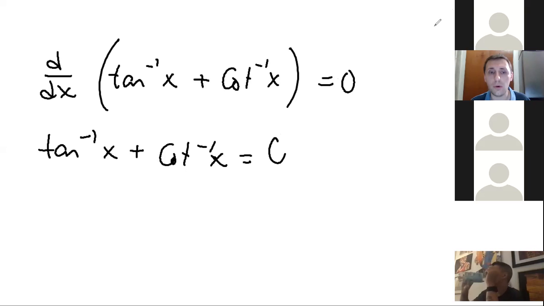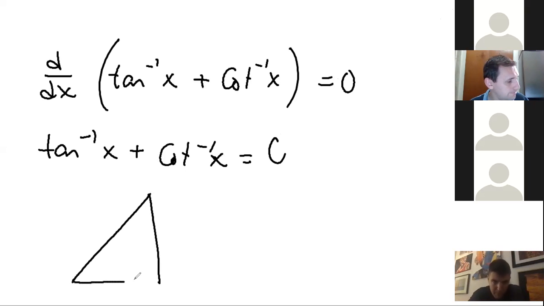So it's constant. Now, why is it a constant? Let's now understand what sort of constant it is. We can draw a triangle, right? What is tangent inverse of x? I can draw a triangle, and this angle I can label as tangent inverse x. Tell me how to label the sides.